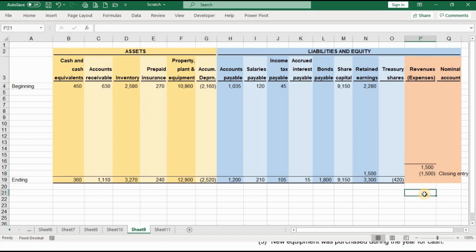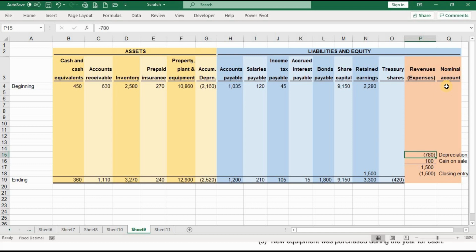So on our table, let's include gain on sale of equipment for 180 pesos. Since gain on sale is an income, this is a credit balance. And the depreciation is at 780 pesos. And since this is an expense account, it is negative or debit balance.